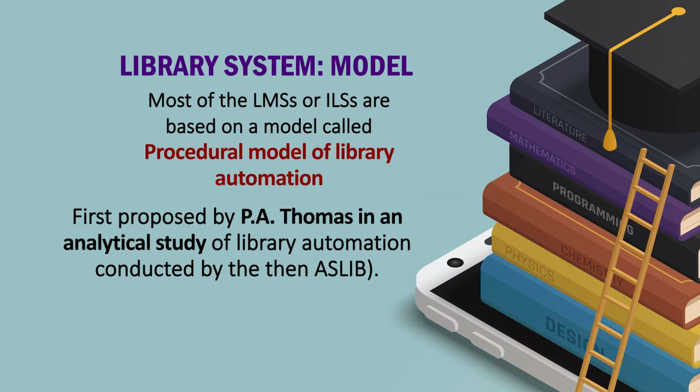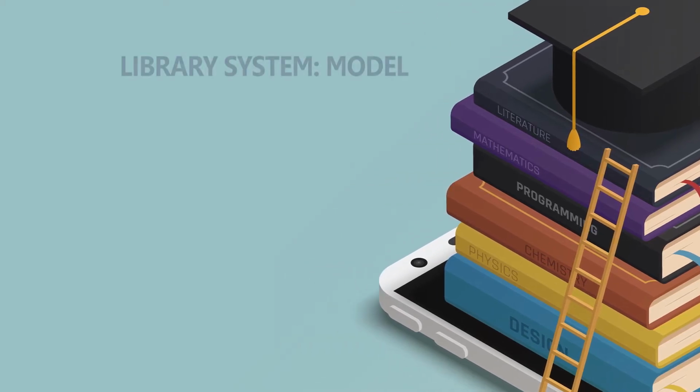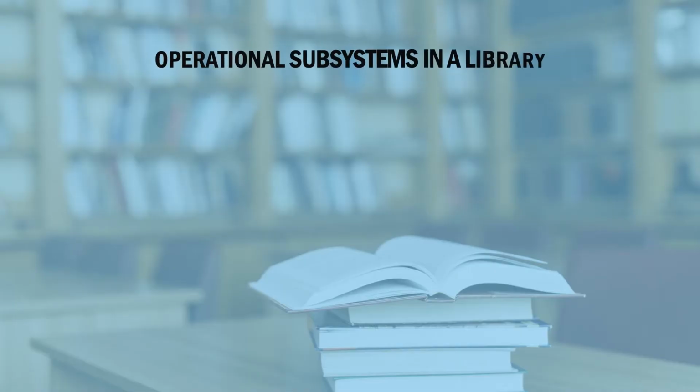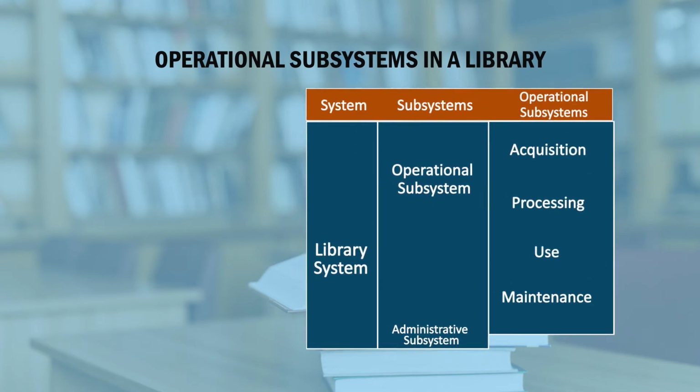So P.A. Thomas proposed the procedural model of library automation, and to date all the library automation software is basically supporting this model. According to this model, the administrative subsystem we cannot automate, but the operational subsystem can provide input to the administrative subsystem. So we can automate the process or the workflow of the operational subsystem.